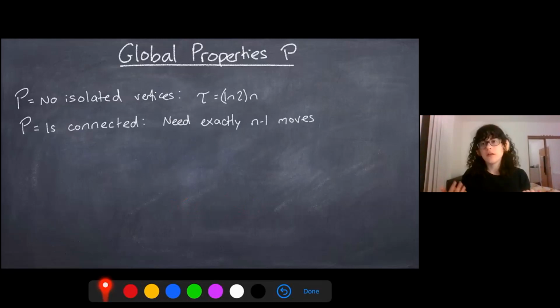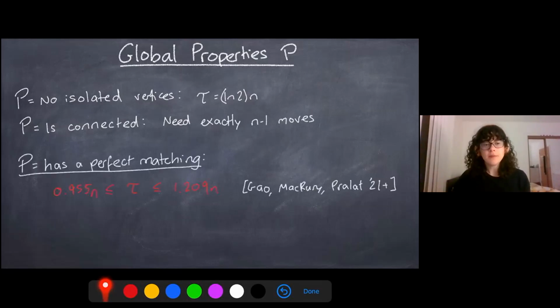And in fact, you can always force the graph to be connected after n minus 1 moves if the player always extends it like a tree, and every time they're given a new vertex, they can join it to the connected component they have so far. Again, the details I will leave to you, but the threshold is like n.